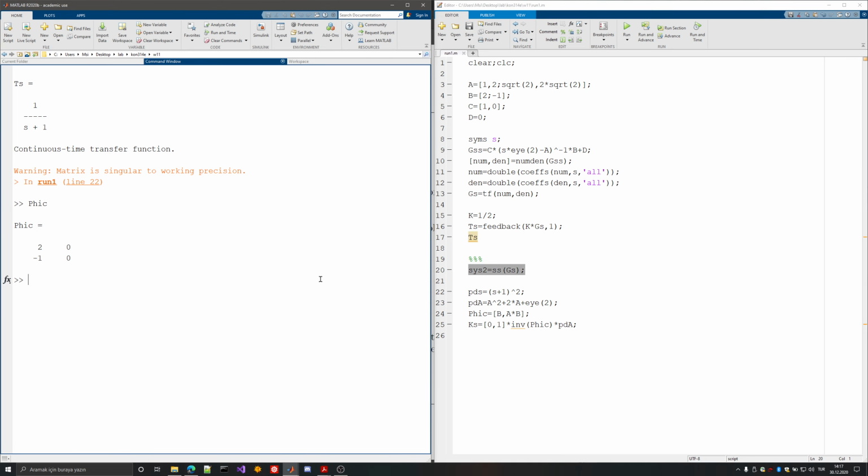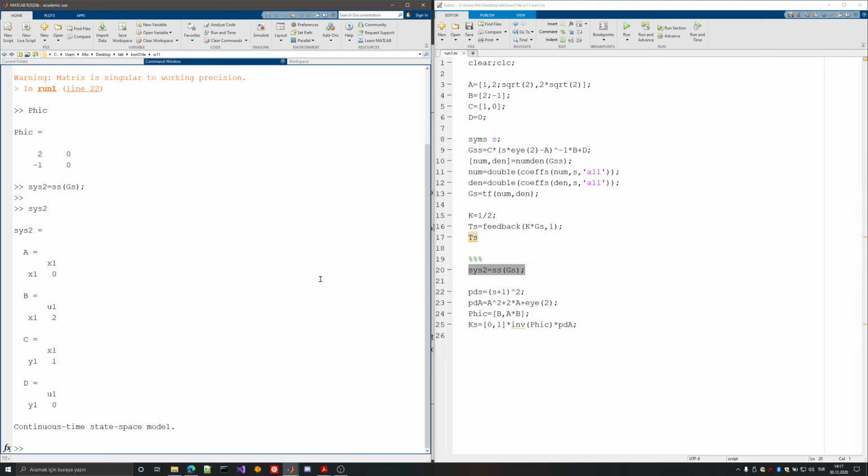If I do this, I will see now that sys2 has different A and B matrices, but I can also see that this is basically an integrator, since x dot equals 0x plus 2u. This means that x dot is equal to 2 times u. So this is an integrator with gain 2.